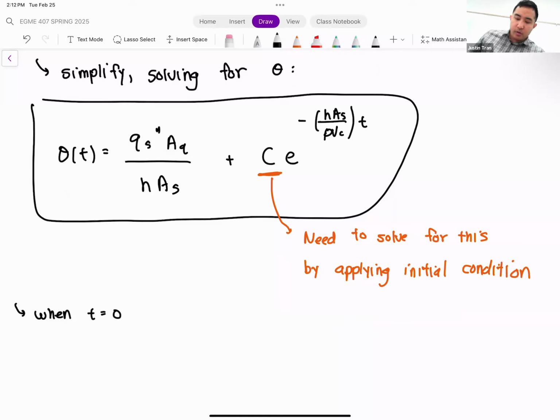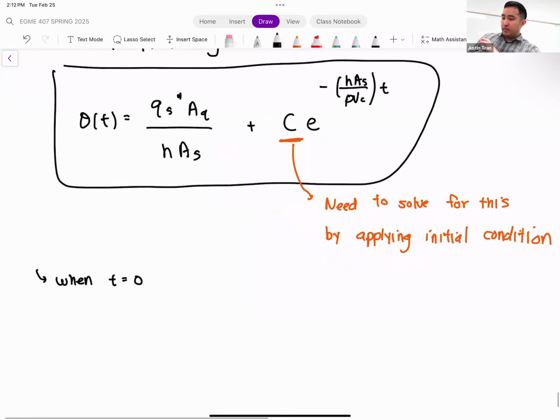So when t is equal to 0, if you scroll back up to the beginning of the problem, one of the things we stated was that the pan is going to start at room temperature. I keep calling it a pan, but it's a skillet.